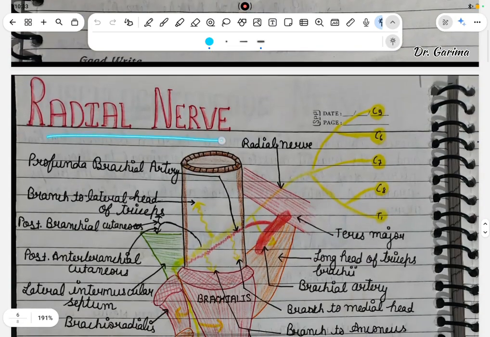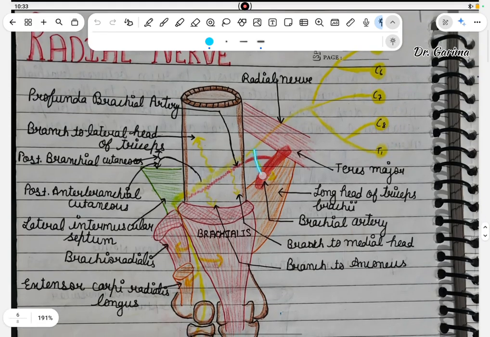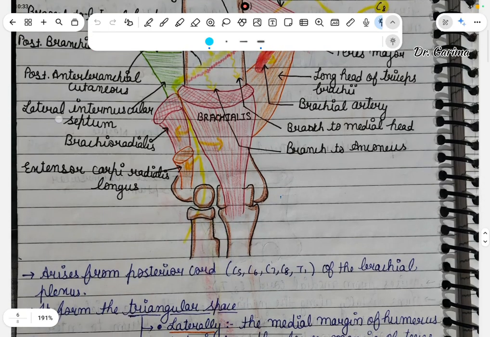Then the radial nerve. The radial nerve arises from all the roots and gives a branch to the long head of the triceps brachii, also some cutaneous branches, and it comes with the brachial artery.